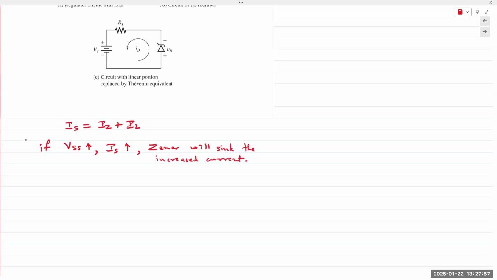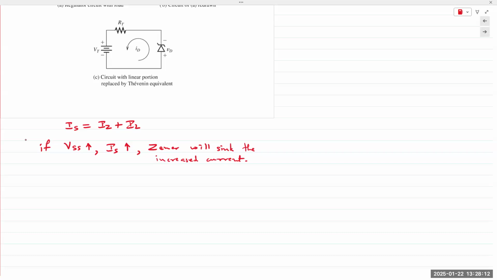So the extra current or the increased current will flow through the Zener diode. It keeps the voltage constant. So the current to the Zener increases. If the voltage is constant, VL remains constant. So IL also remains constant.